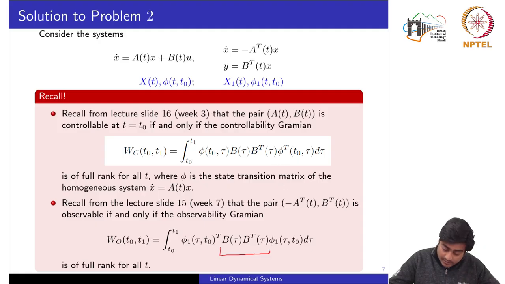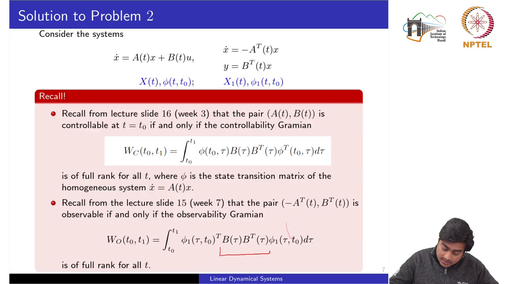So the next idea is, if we are able to show some kind of relationship between this phi, the state transition matrix of the system 1, and that of the system 2, then we can directly show that WC is actually equal to WO. With a clear look, we only need to show that phi t1 comma tau should be equal to phi 1 tau comma t naught transpose. Similarly here.